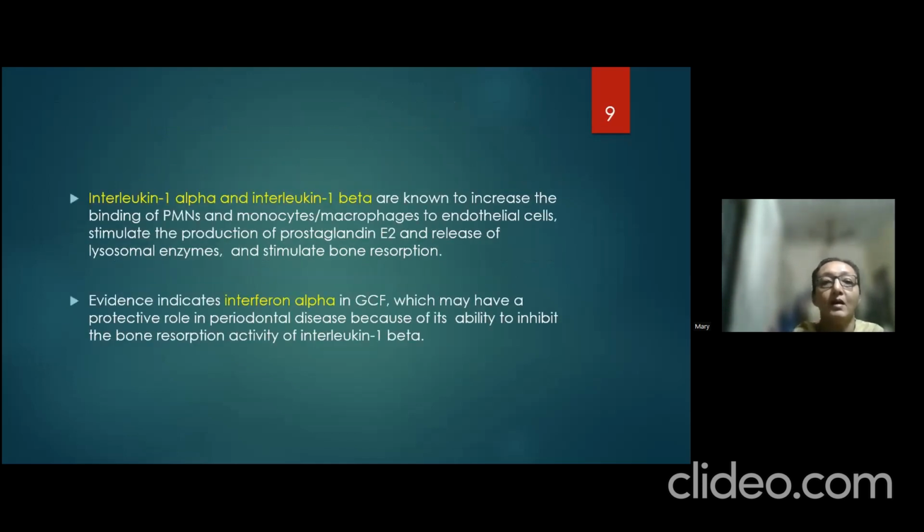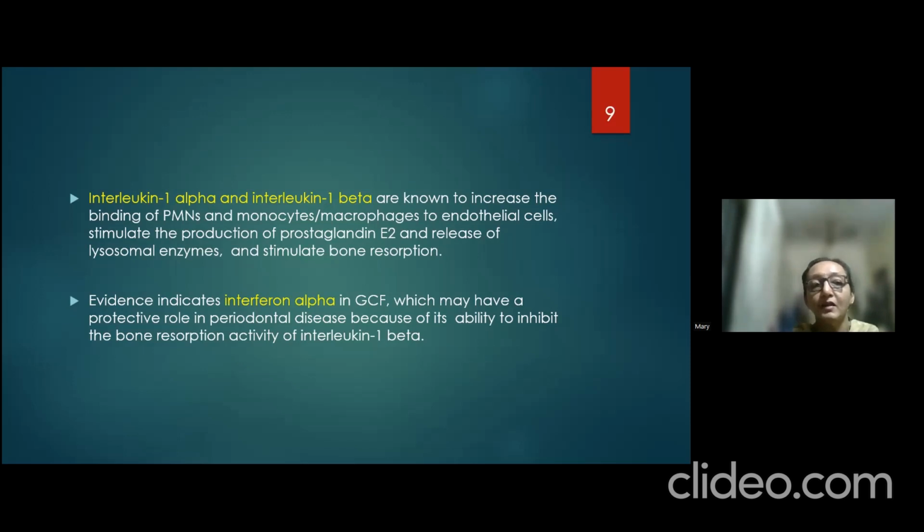So also we find that the GCF contains interleukin 1 alpha and 1 beta, and these interleukins usually indicate that there is a process going on, the process which causes release of lysosomal enzymes and stimulates bone resorption.